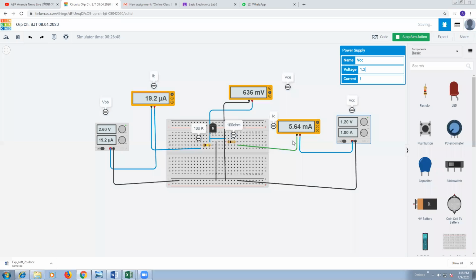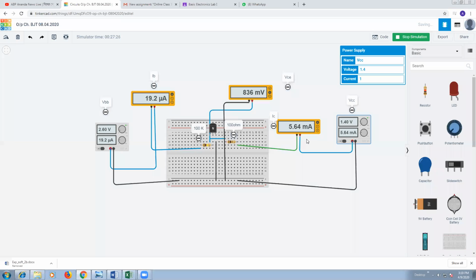So IC starts to saturate. For VCE 636 millivolt, IC is 5.64. Again I take VCC 1.4, VCE is coming 836 millivolt, but IC is not increasing. It becomes constant or saturated at 5.64. So we get the same reading of IC three times by varying VCC.